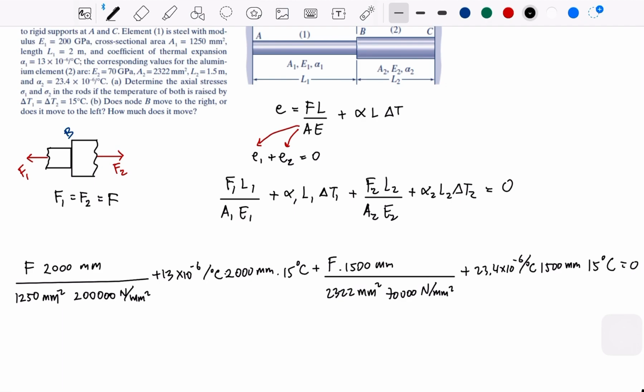I think we can take this 2000 multiply with 15, multiply with 13, divide with, so this will be 0.39. Zero 0.5265, so plus 0.59.